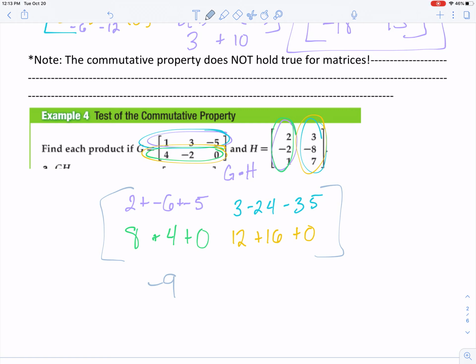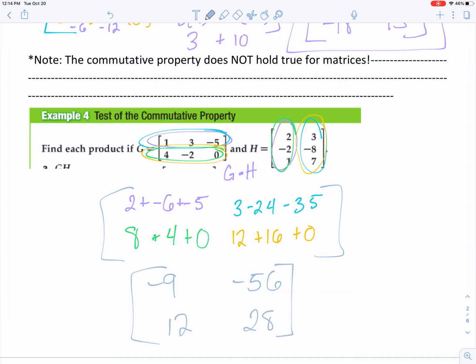Let's see, 3 minus 24 minus 35, how about negative 56? 8 plus 4 plus 0 is 12. And 12 plus 16 plus 0 is 28.